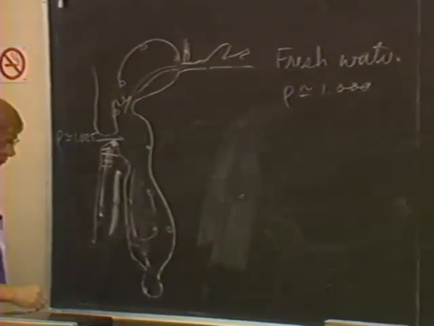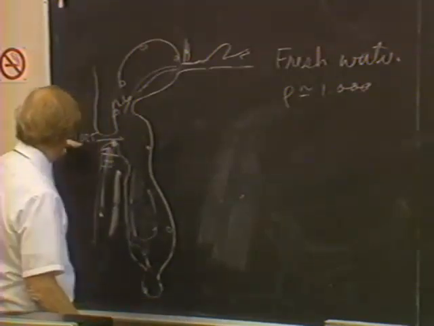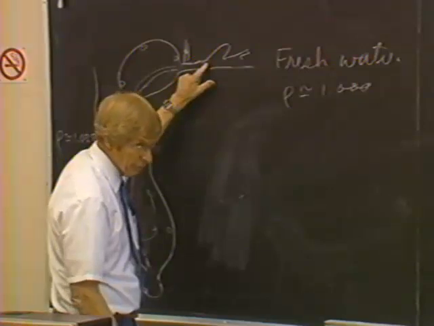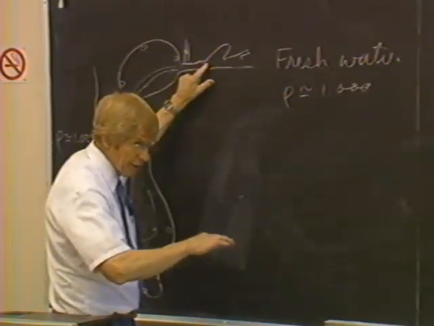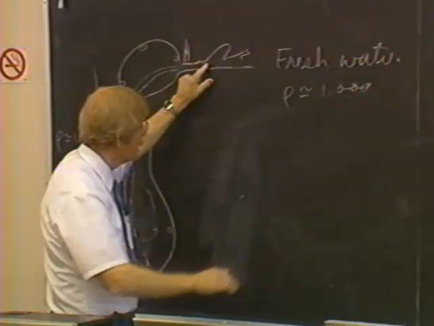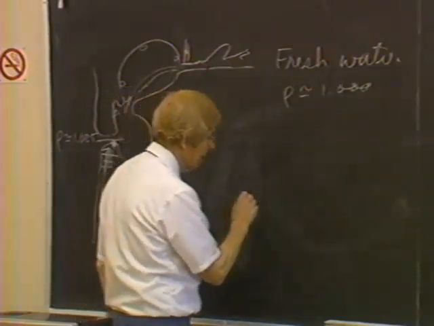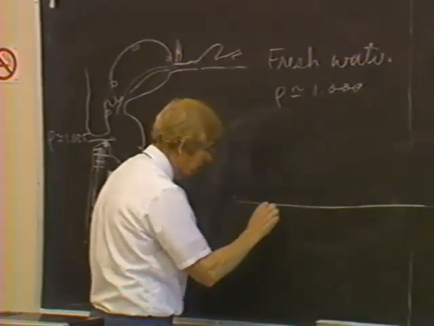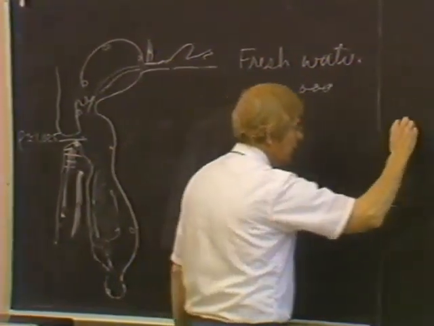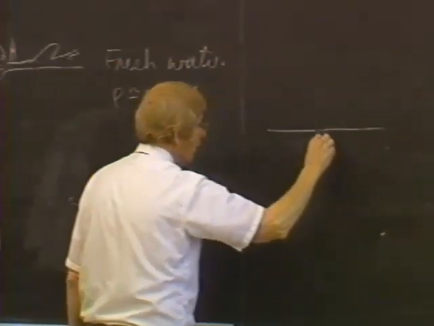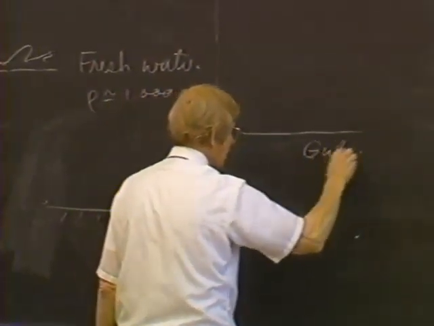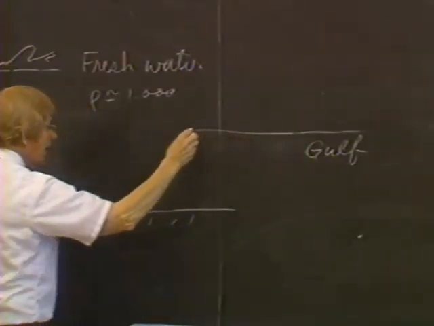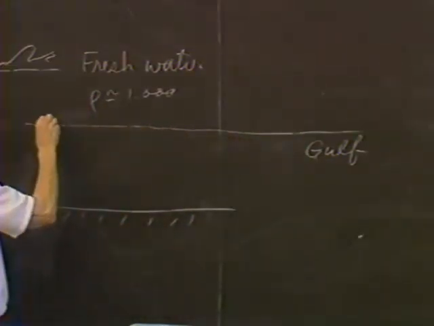The freshwater flowing out from the land, being less dense, flows over the salt water. And in fact, in the mouth of the Mississippi, where we have the small tide range that I mentioned earlier, we have, let's say, the Gulf out here, and it's a water surface.